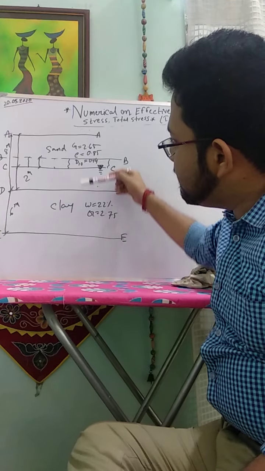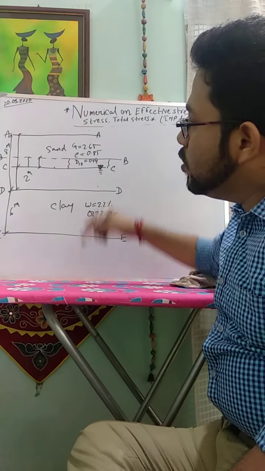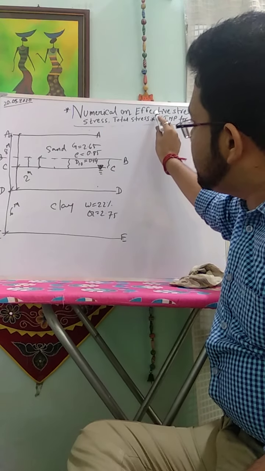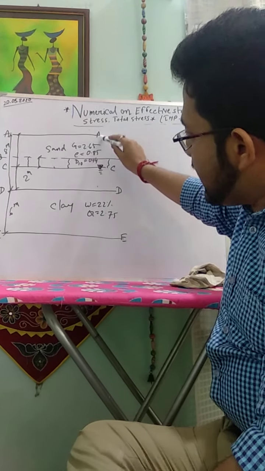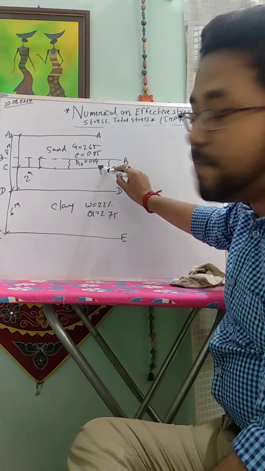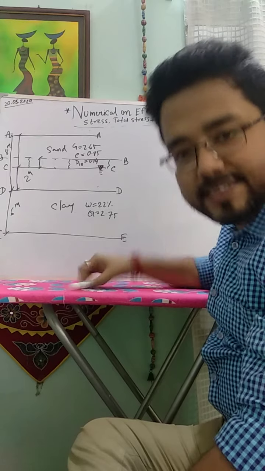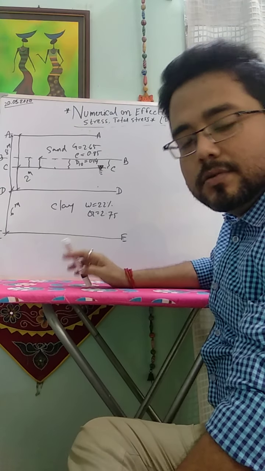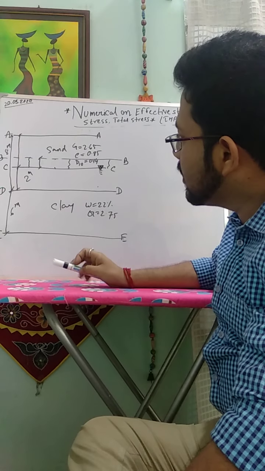Our main task is to determine effective stress, pore water stress, and total stress in the A plane, BB plane, CC plane, DD plane, and EE plane, and then we draw the diagram of the three stresses.